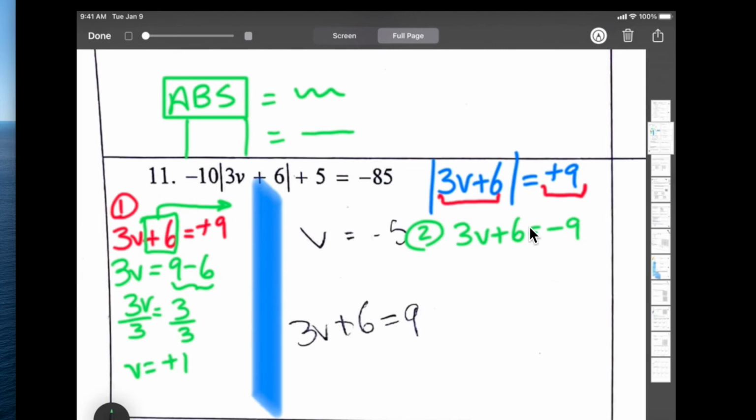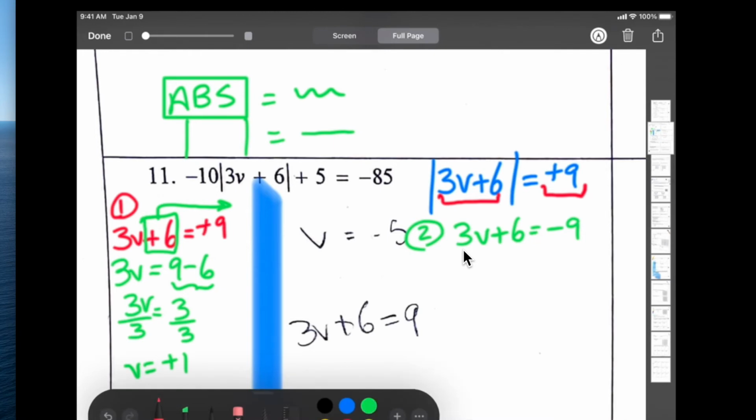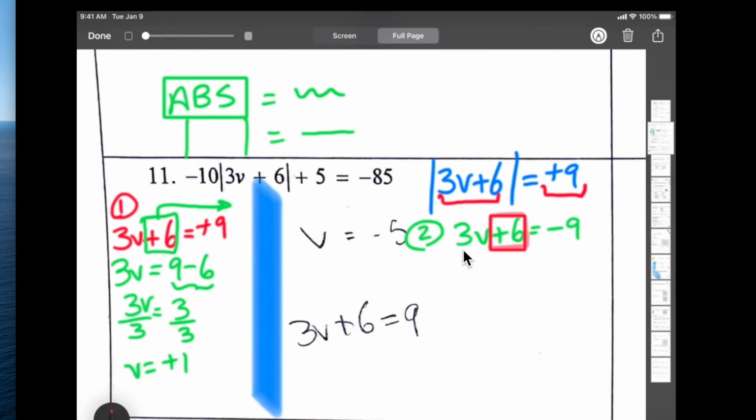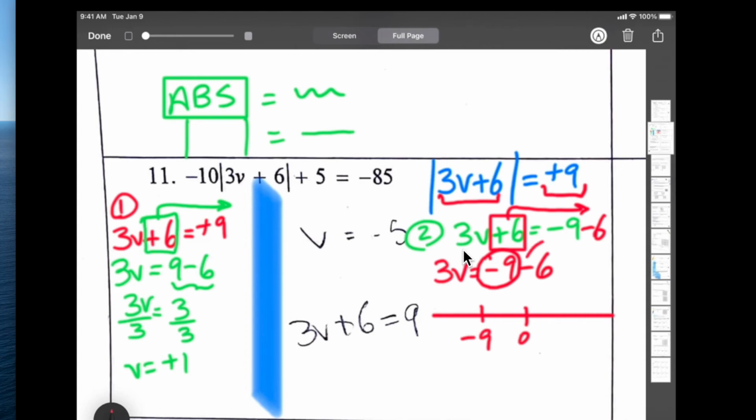On the other side, we're going to take this positive 6. We are going to move it to the opposite side of the equation and make it a negative 6. That's going to leave us with 3v equals minus 9 minus 6. Number line. 0 for reference. Start at negative 9. This minus sign tells us we're going to go left.